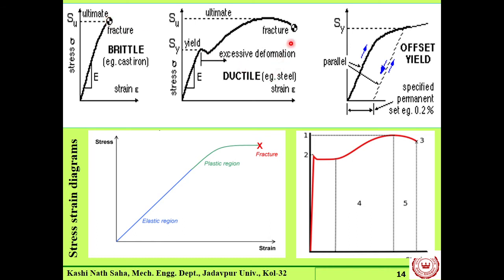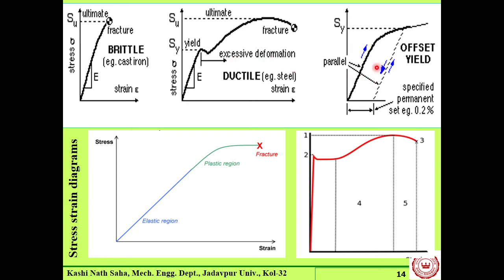And here the same failure occurs after a large amount of extension. So this is known as a pure brittle character of the material, and this is known as a pure ductile characteristic of the material. There can be some material which is somewhere in between this brittle and this ductile property or character.